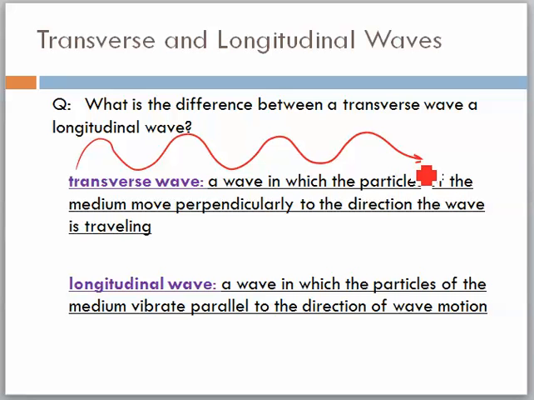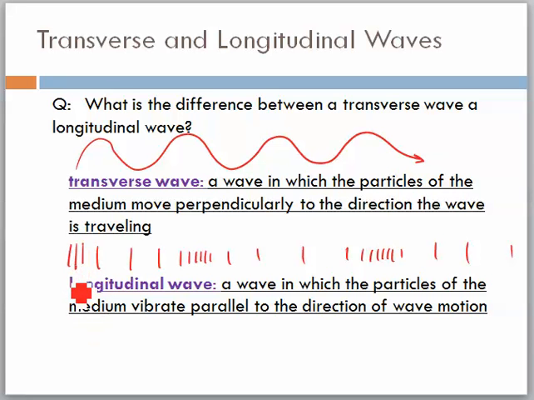A longitudinal wave is a wave in which the particles of the medium vibrate parallel to the direction of the wave. A longitudinal wave would transfer more like this. And as you can see here, on the bottom, we have where the waves are kind of close to each other.